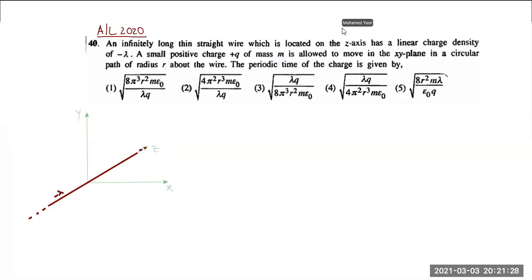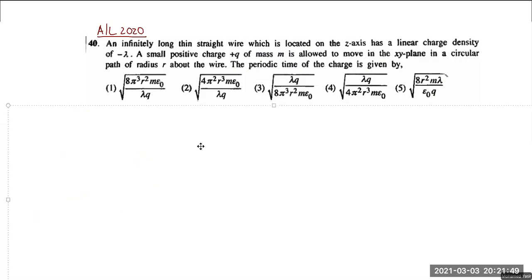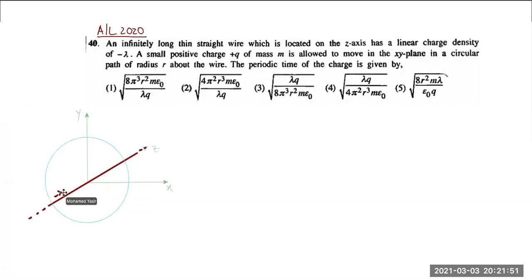And then the other part, what are they saying? There is a charge which is allowed to perform a circular motion, to move along a circular path like this. This is the circular path I have drawn. The maroon color line is the charged wire.